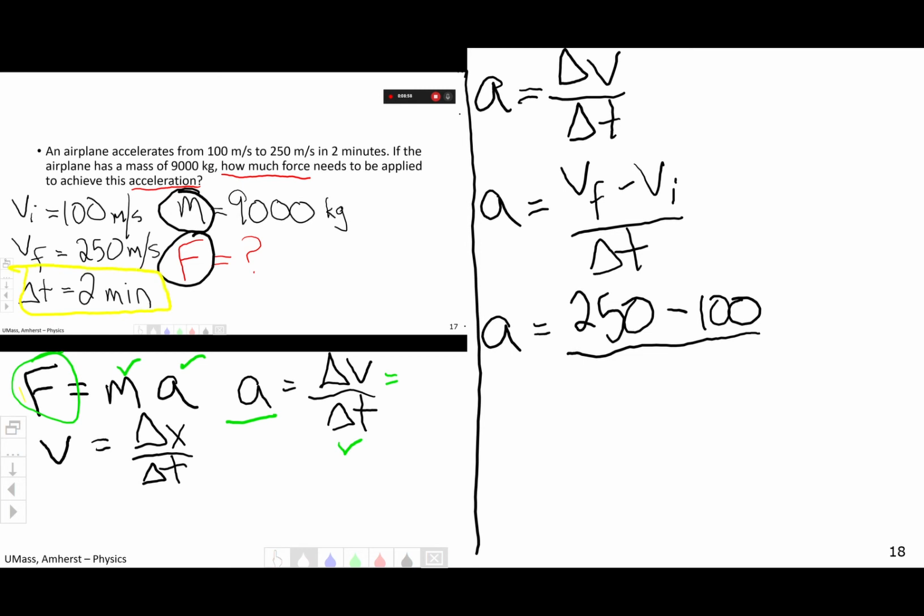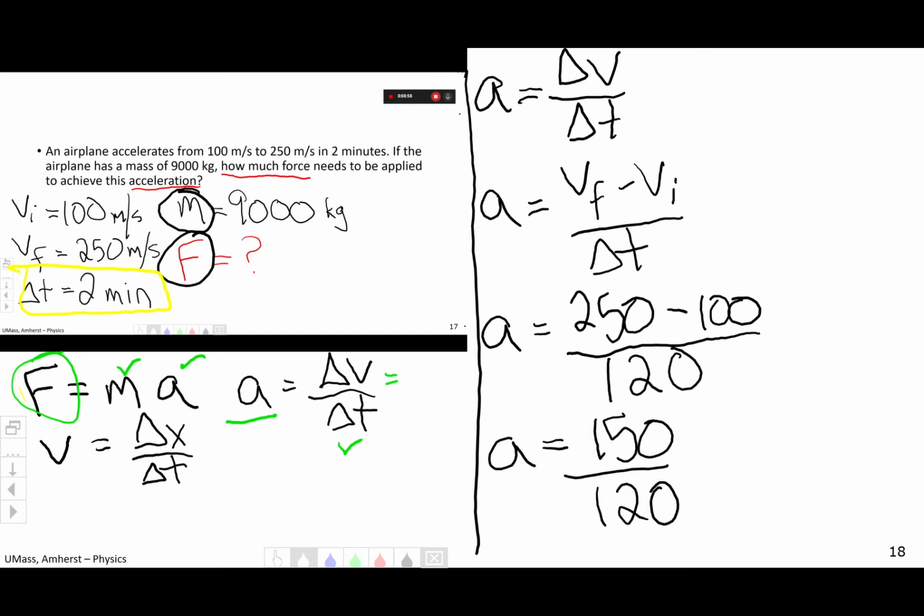We want acceleration in meters per second squared. So we cannot use minutes. We will have to convert that into seconds, which of course is 120 seconds. So our acceleration ends up being 150 over 120, which of course is 1.25 meters per second squared. So we have found our acceleration.